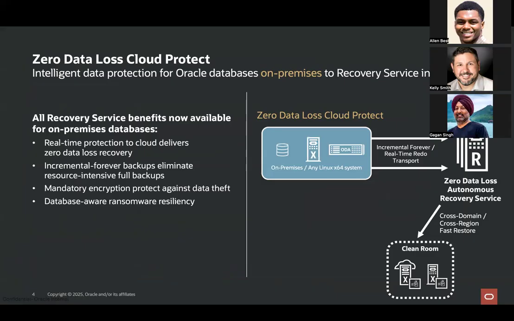So you're providing real-time protection streams from the data changes happening on your on-premise systems to OCI, while still getting all the same benefits of the cloud service, such as zero data loss, which helps provide minimal data loss risk, incremental forever backups, mandatory encryption and customer key control, which helps your backups stay encrypted in transit and at rest. And most importantly, you would keep your keys so that the Oracle service cannot access them, which enhances your security and compliance. And lastly, ransomware resiliency.